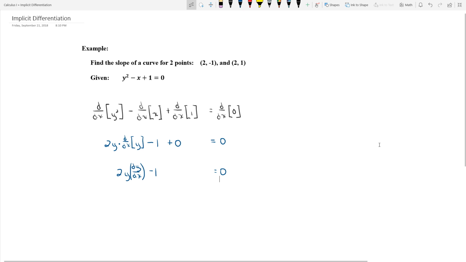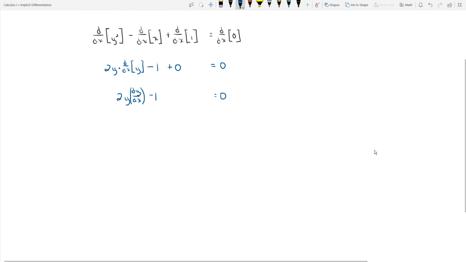From here, we want to isolate dy dx. So in doing that, we can add 1 to both sides, and we will end up with 2 times y times dy dx is equal to 1. And then we can simply divide.